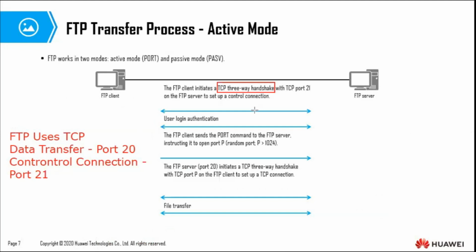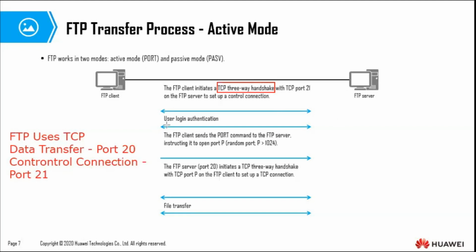So the server will be listening for the control connection. What control connection means is when we are doing the three-way handshake in order to form up a TCP connection. So that's what we call control connection. That connection is set up via FTP port, TCP port number 21. So we do the three-way handshake.